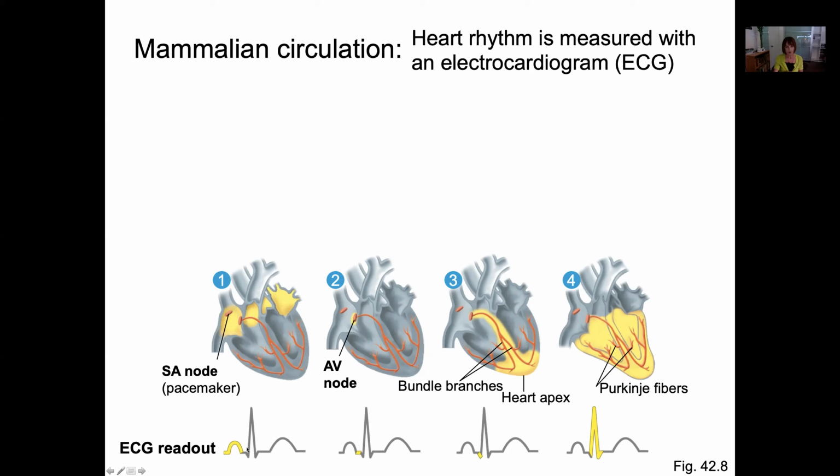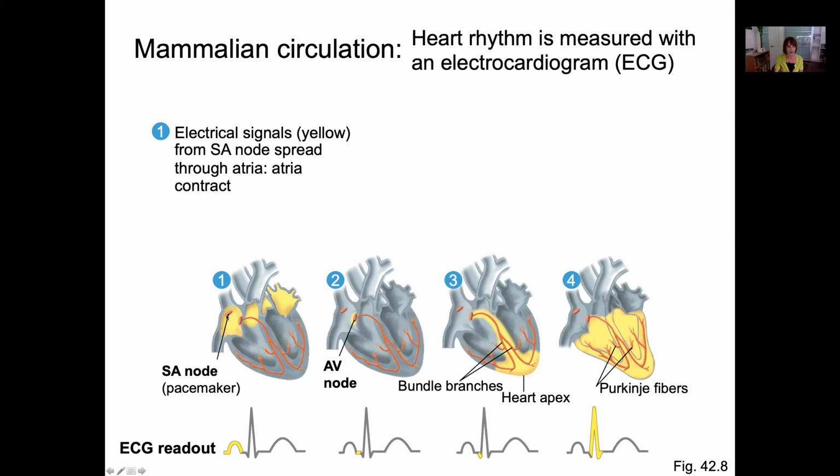But what you see down below is the readout from an ECG. On the y-axis, which isn't labeled, is the amount of electrical activity over time on the x-axis. Okay, and then here are these two nodes in the right atrium.